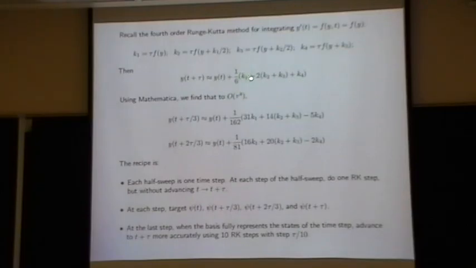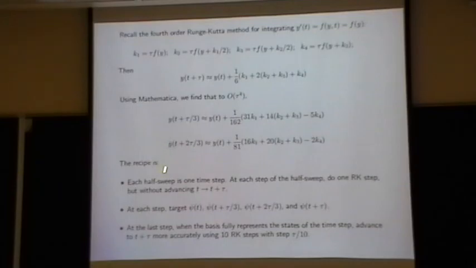So we need these 4 states, K1, K2, K3, K4, which are given here. It turns out that we can use these 4 states to estimate the states at t plus tau over 3 and t plus 2 tau over 3. So we only need to calculate these 4 states, K1, K2, K3, and K4, and we can estimate these states that we need to target.